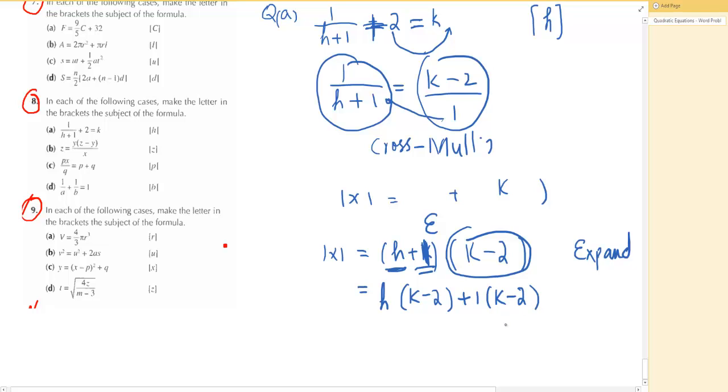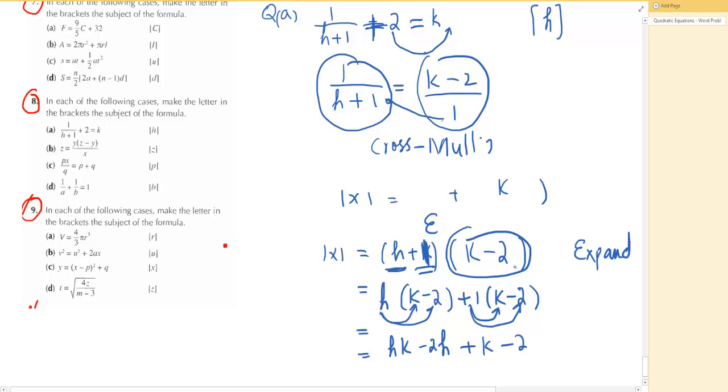This is the way of expanding. Now multiply this h with k and h with this minus 2. It will be hk minus 2h. Now multiply this plus 1 with this k and multiply plus 1 with minus 2. This is 1k minus 2. Ji beta, you understand this step now?